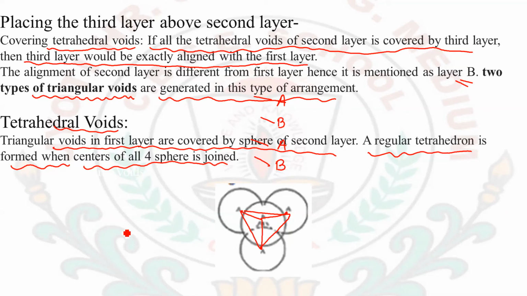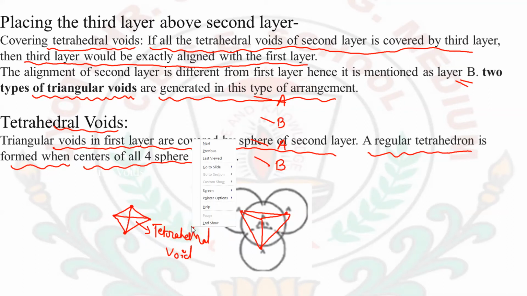One, two, three. The structure will be like this. One center will be here, so all the centers will be joined like this. So this is the tetrahedral void, and it forms a regular tetrahedron shape.